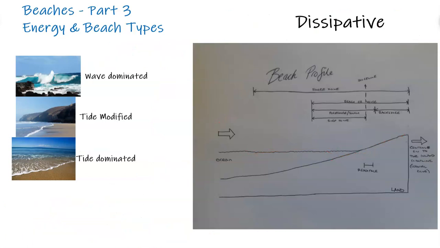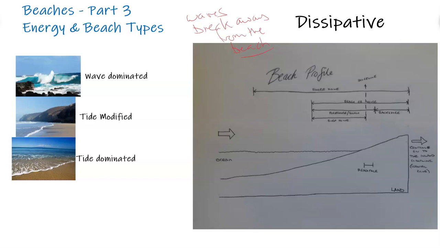So the next type of beach profile or morphodynamic environment is called dissipative. Now dissipative means that the waves are going to break far away from the shore or the beach.